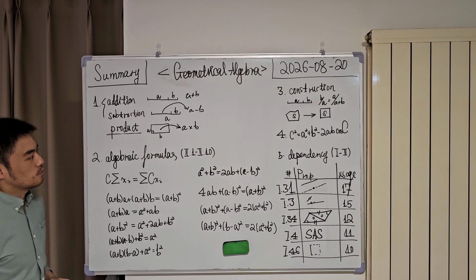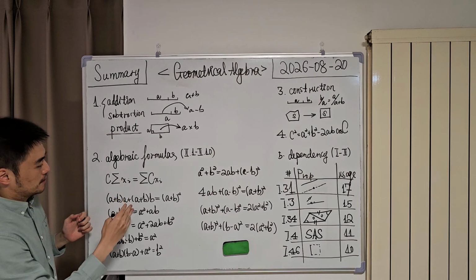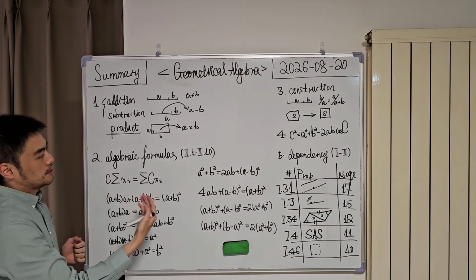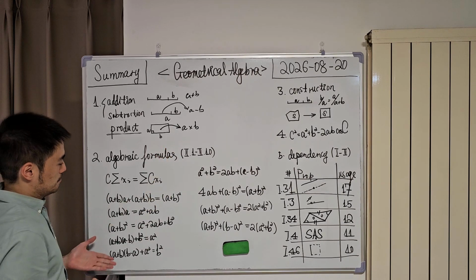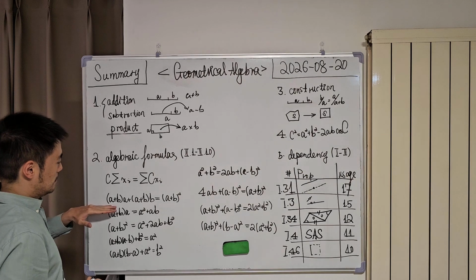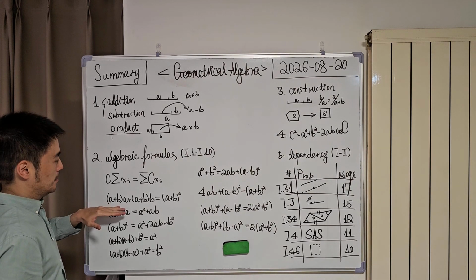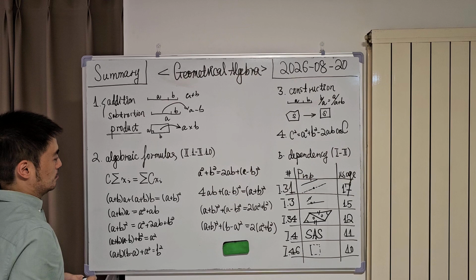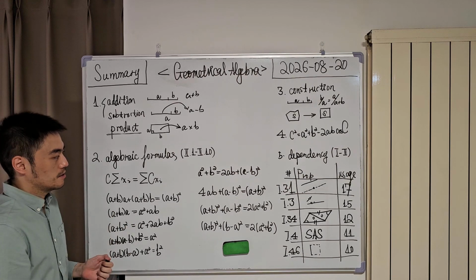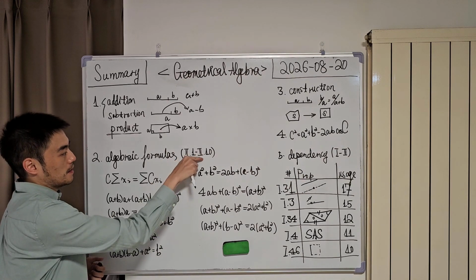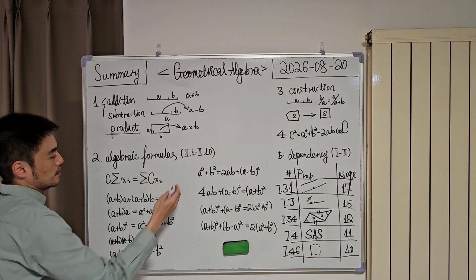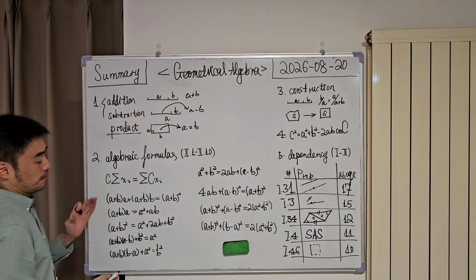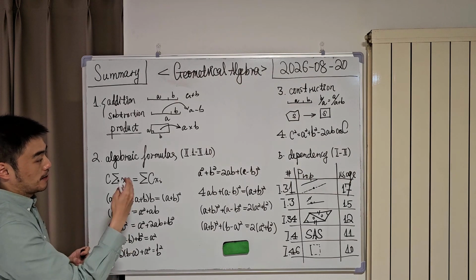In the next part, we can make a summary about propositions 1 to 10 from book 2. If we use some variables like a and b and x to replace those line segments in these propositions, then we can conclude them into algebraic formulas.